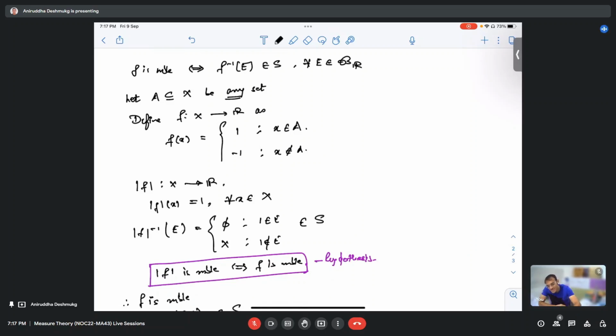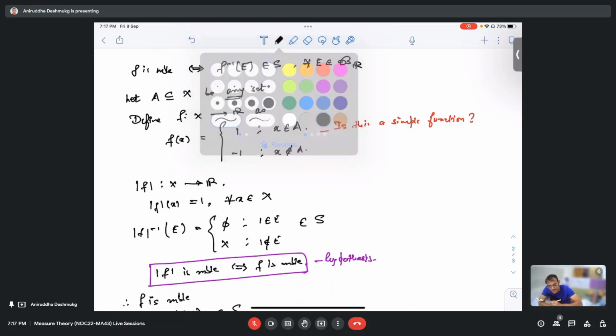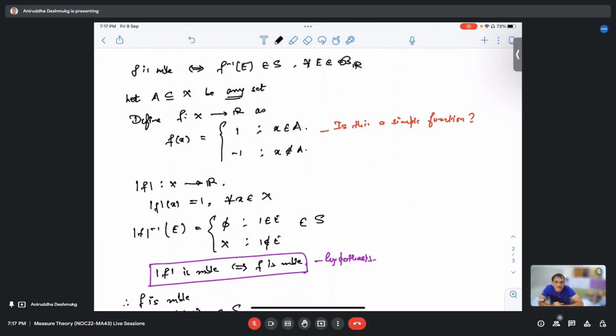Can you tell me whether f is a simple function? It's a linear combination of chi functions. Which two chi functions? If we define f1 such that x belongs to it, then the value is 1, and if it does not belong to it, then it is 0.